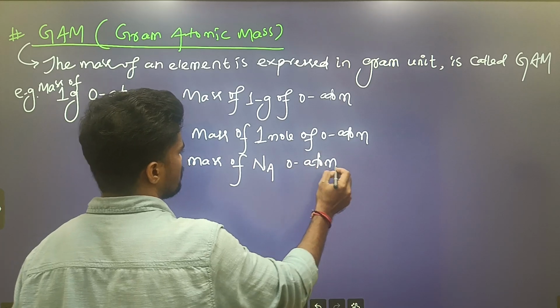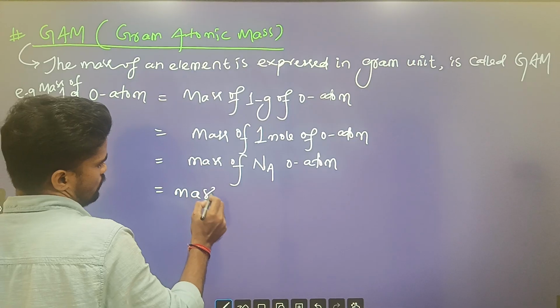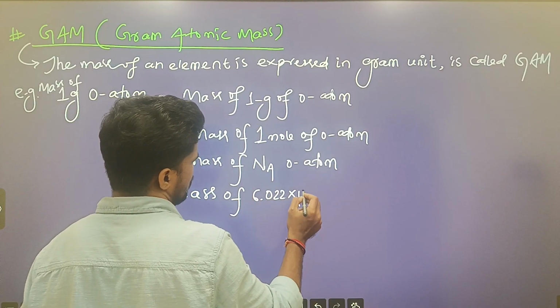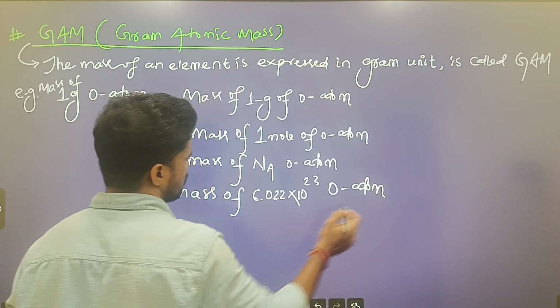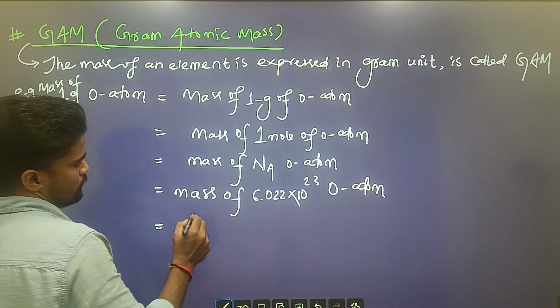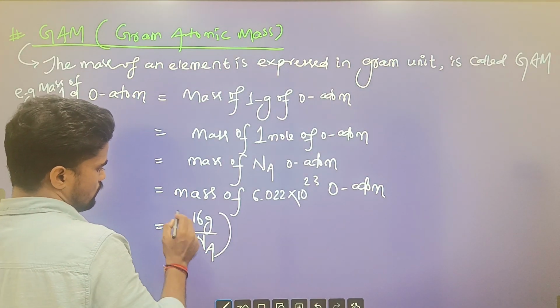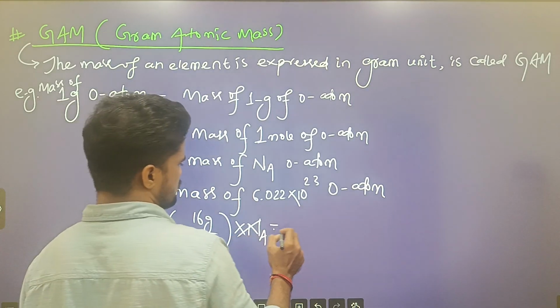Yes or no? Because mole means 1 Avogadro's number. So we can also write the mass of 6.022 into 10 to the power 23 oxygen atoms. Yes or no? So what is the mass of oxygen? 16 gram upon Na, into Na. So Na cancels out, and 16 gram is coming out.